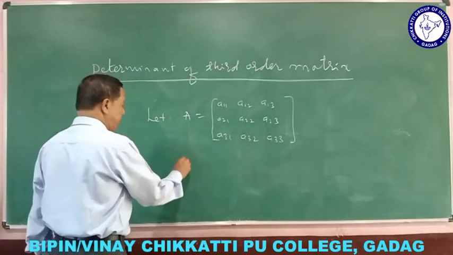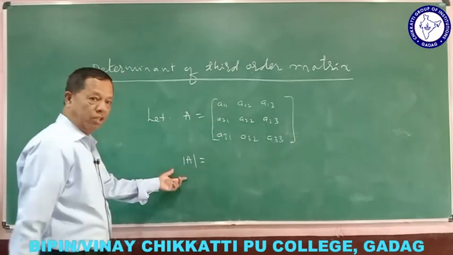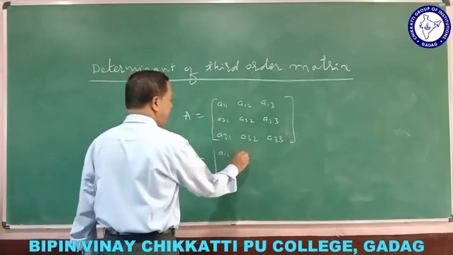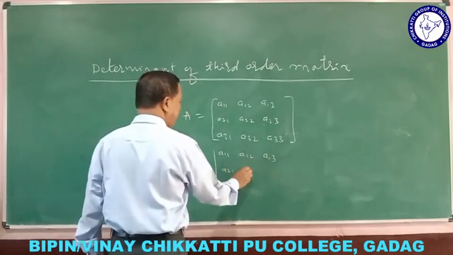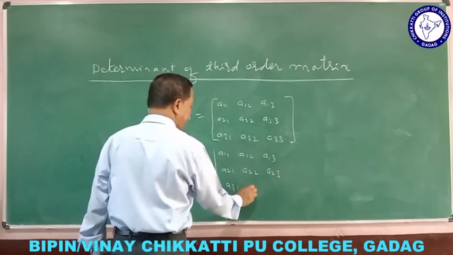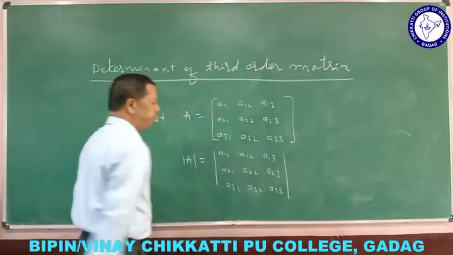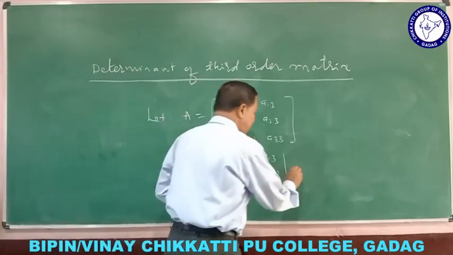Now, the determinant of a third order matrix is written like this, and here also we write what? A11, A12, A13, A21, A22, A23, A31, A32, A33.